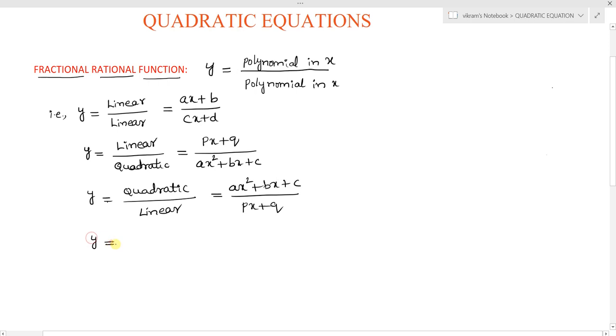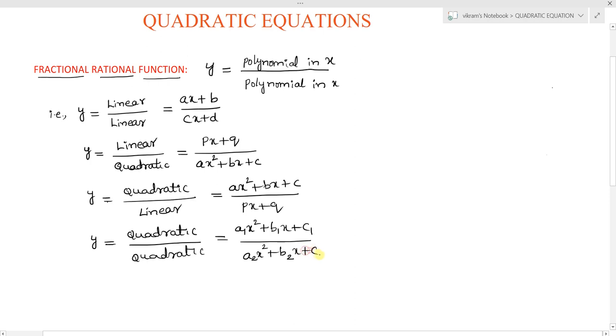Another one is quadratic by quadratic, where we consider two quadratic expressions, like a1x square plus b1x plus c1 by a2x square plus b2x plus c2.